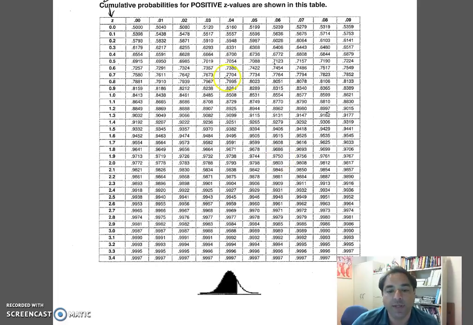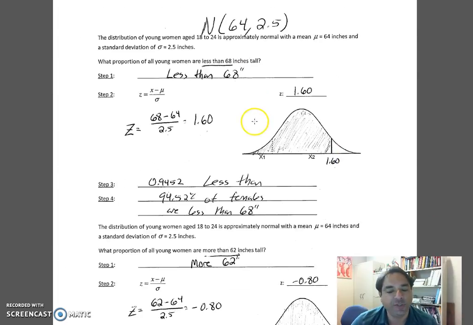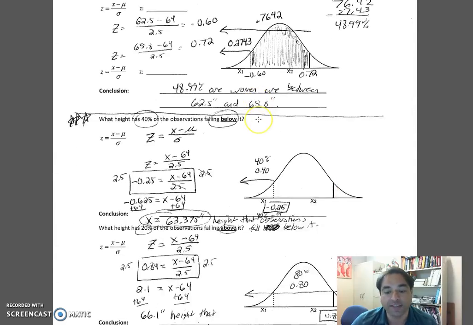So the closest to 0.80 would be this one right here, and the z-score that matches with that is 0.84. Now please keep in mind, another reason why I chose these numbers, this represents 80% less than, which is 20% above. 0.84 is the z-score, not a percent. Even though they're close to each other, they're two very different things.